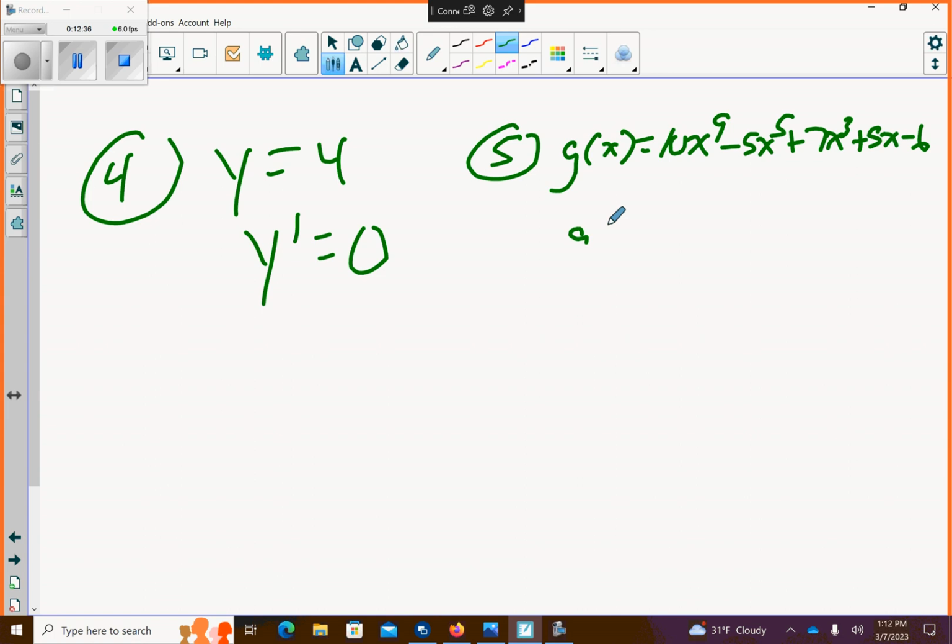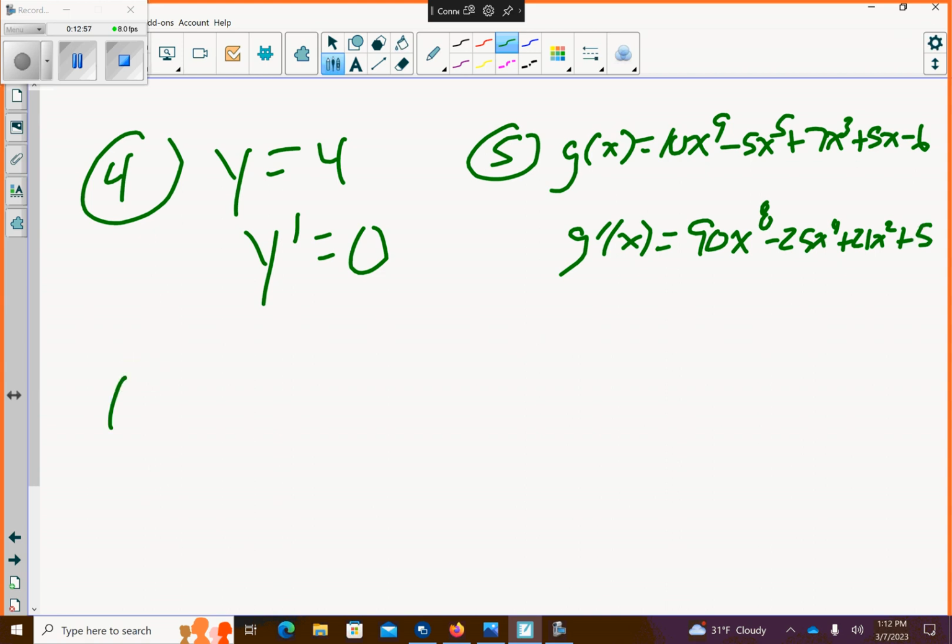If I wanted to find g prime of x, that's the derivative. So I'm going to get 90x to the 8th minus 25x to the 4th plus 21x squared plus 5. Derivative of negative 6 is just 0.